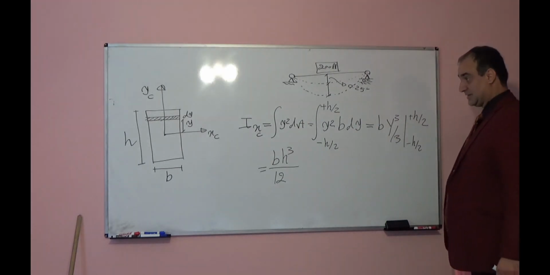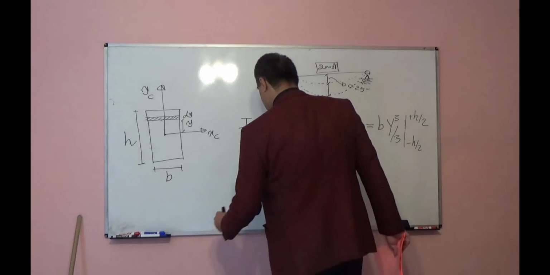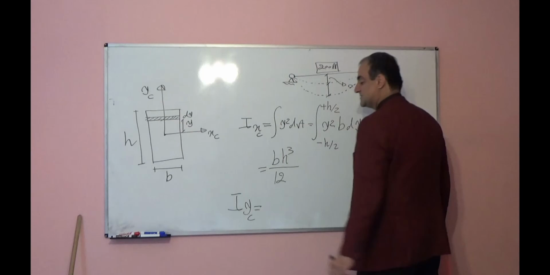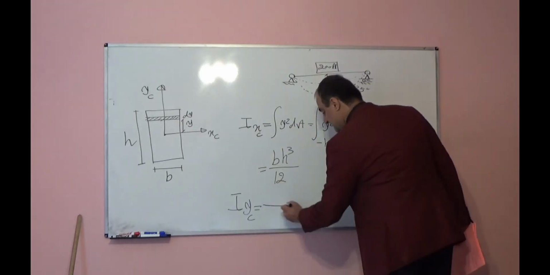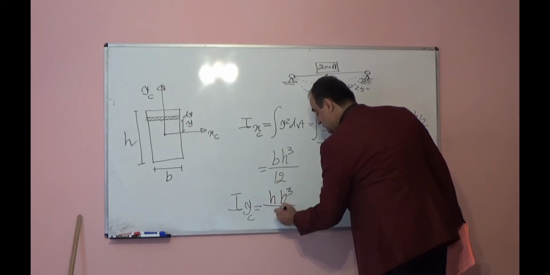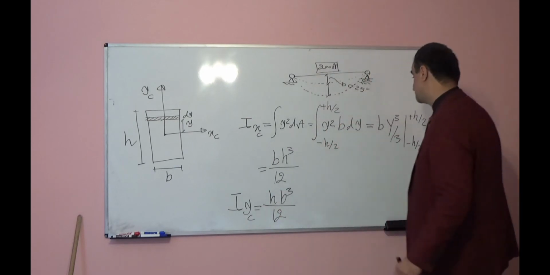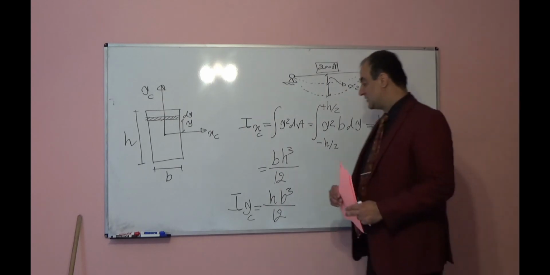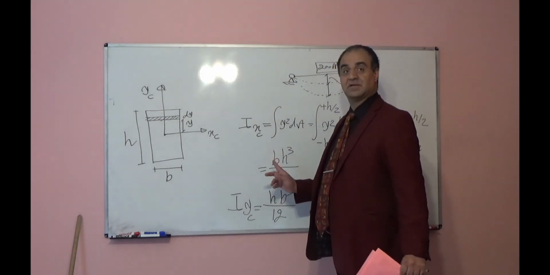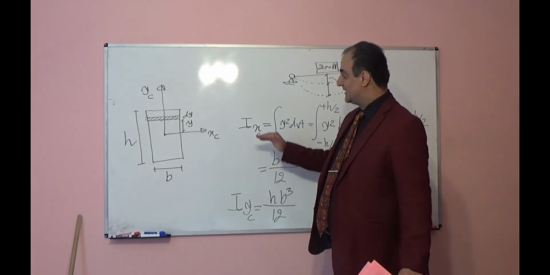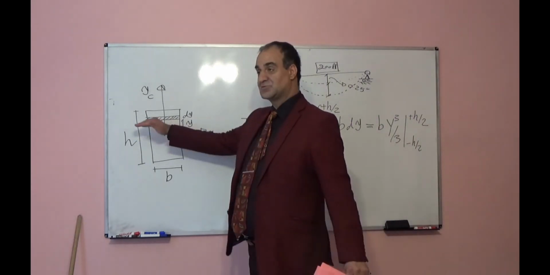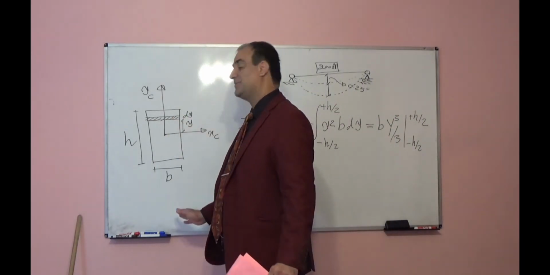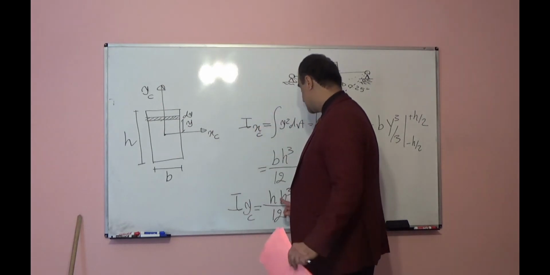By switching width and height, I can define moment of inertia Iy with respect to the y-axis. It will be h b cubed over 12. So, for a rectangular shape, I found the moment of inertia with respect to the x-axis. If x passes through the centroid, it will be b h cubed over 12. With respect to y, if y passes through the centroid, it will be h b cubed over 12.